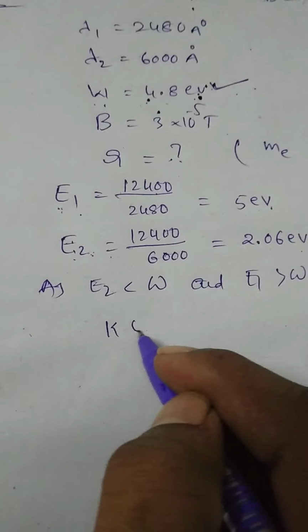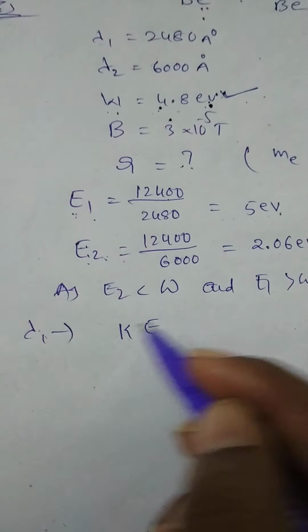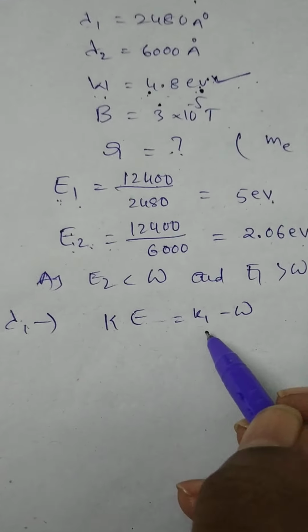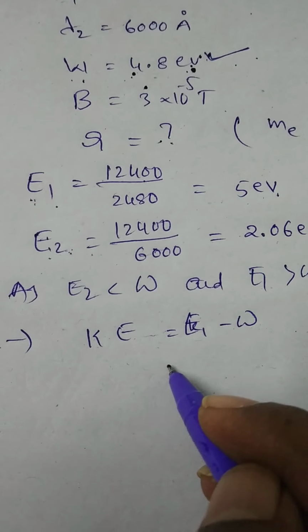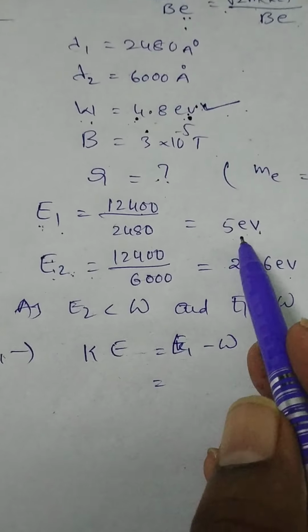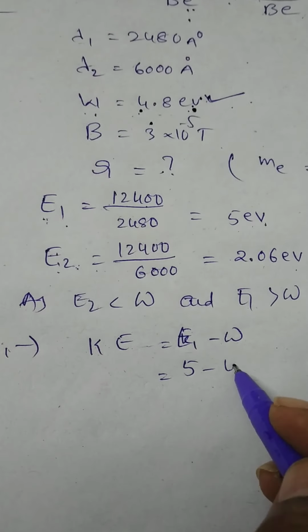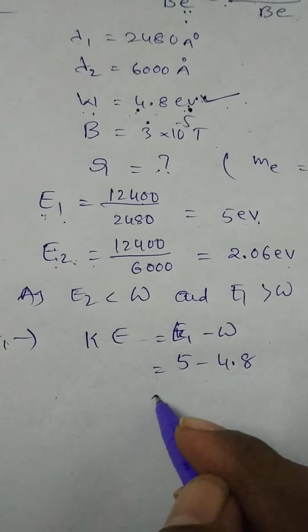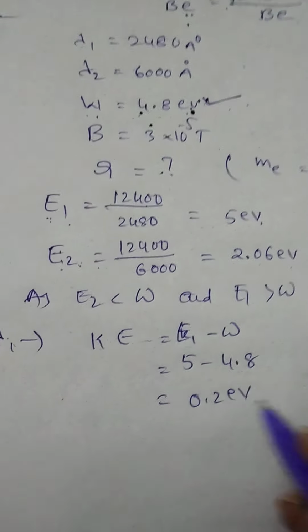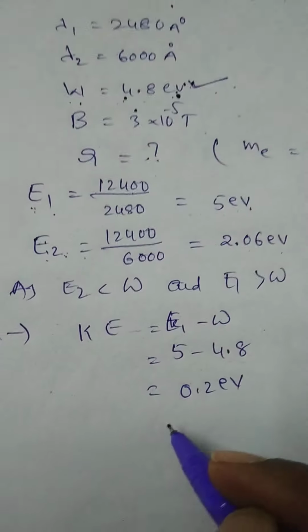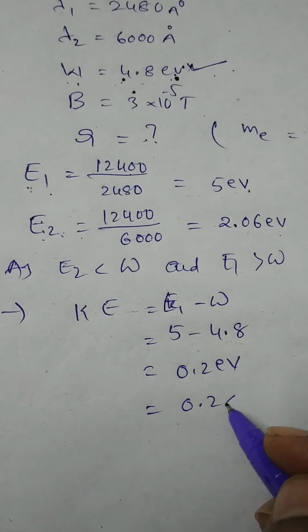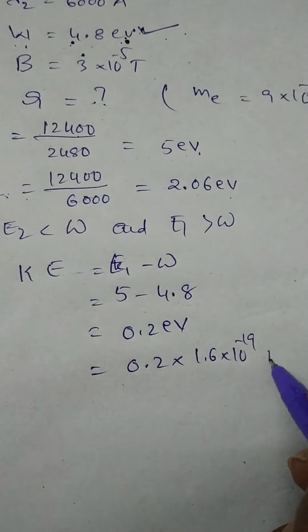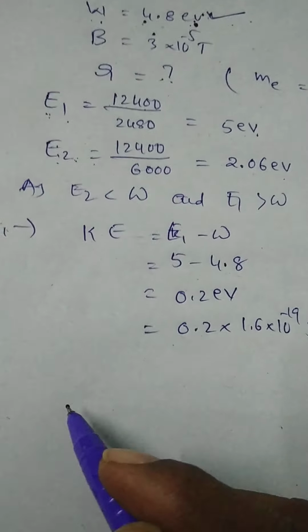Its maximum kinetic energy is given by h nu minus W. h nu is equal to E1, which is 5 minus 4.8. That is equal to 0.2 electron volts, or 0.2 into 1.6 into 10 power minus 19 joules. This is the kinetic energy.